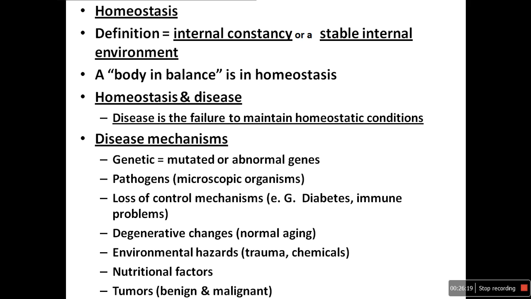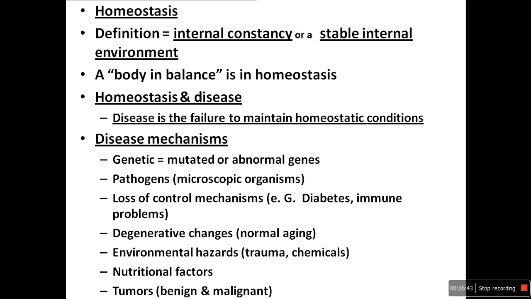In the case of diabetes, we have two types: type 1 and type 2. In type 1 diabetes, patients do not have functioning beta cells, so they cannot secrete insulin at all.